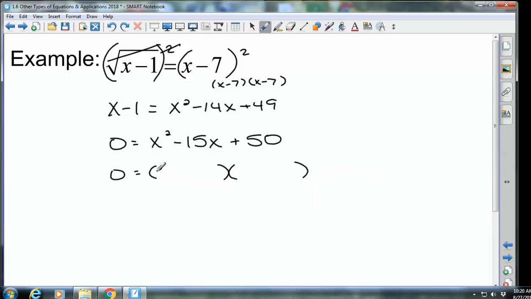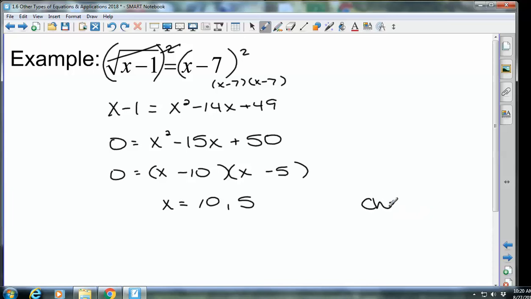Factor. So x squared breaks into x and x. What multiplies to 50 and adds to negative 50? Negative 10, negative 5. So x equals positive 10 and positive 5.